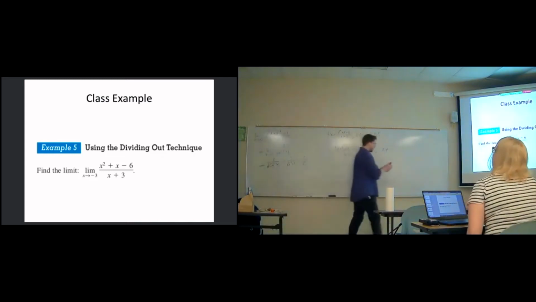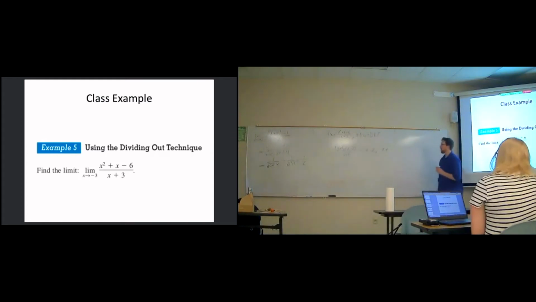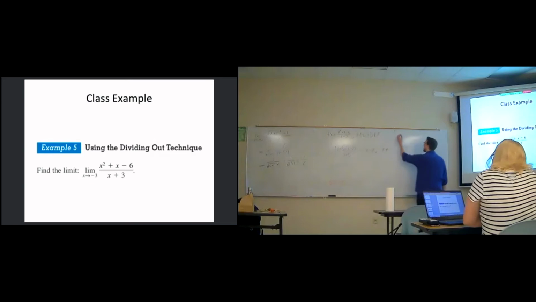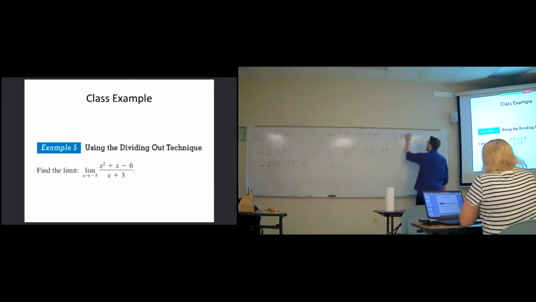So now we'd say, all right, we just did a whole bunch of work, but what we want to find is the limit as x approaches -3 of x squared plus x minus 6 divided by x plus 3.